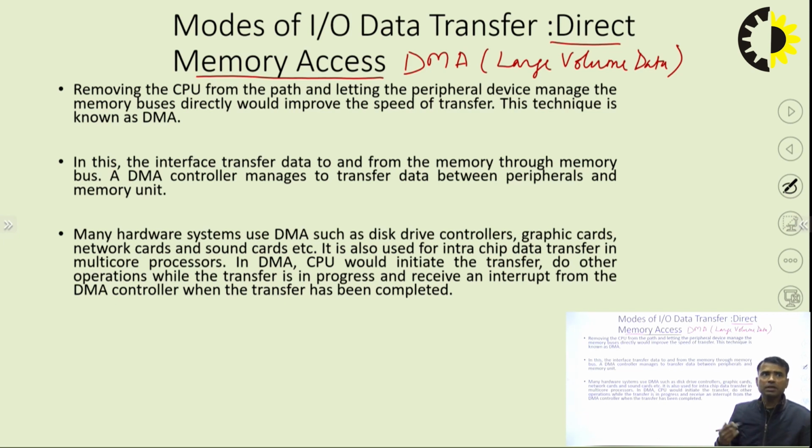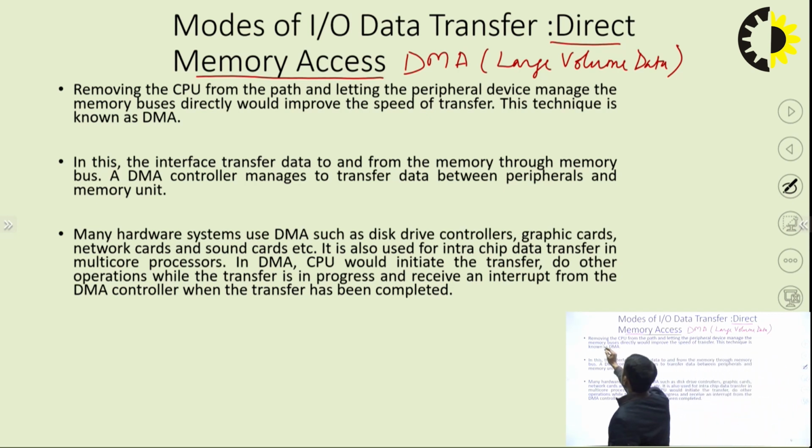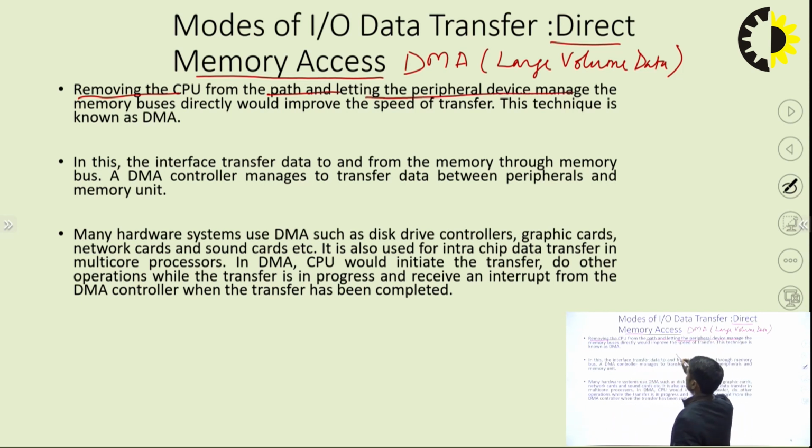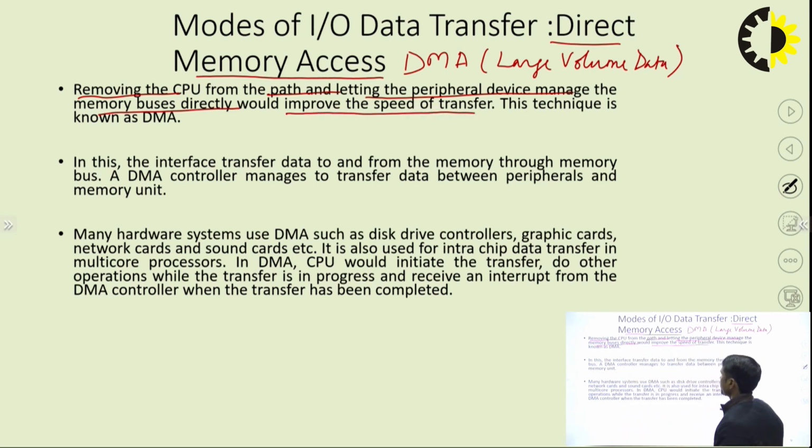So how does DMA work? DMA removes the CPU from the path, letting the peripheral device manage the memory bus directly. This will improve the speed of transfer, and this technique is known as DMA, direct memory access.